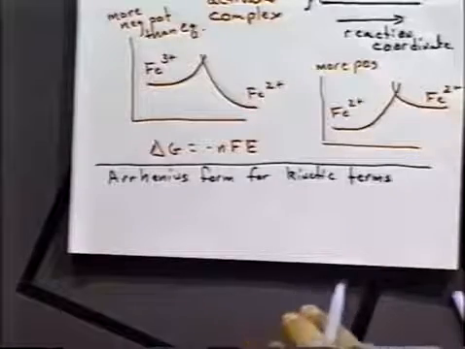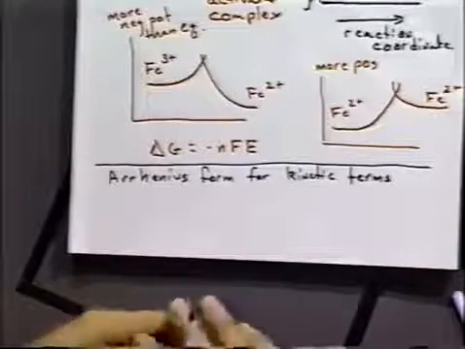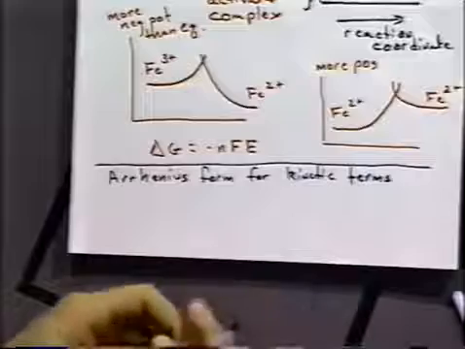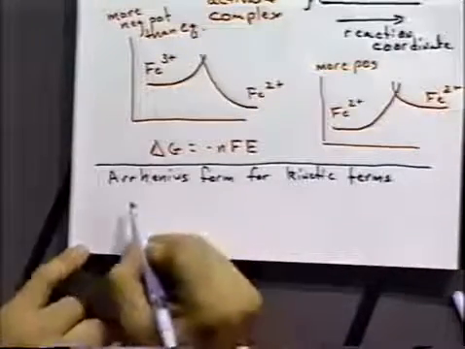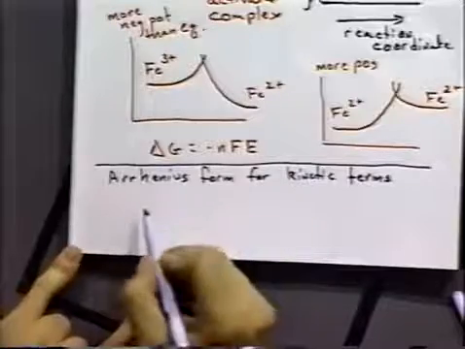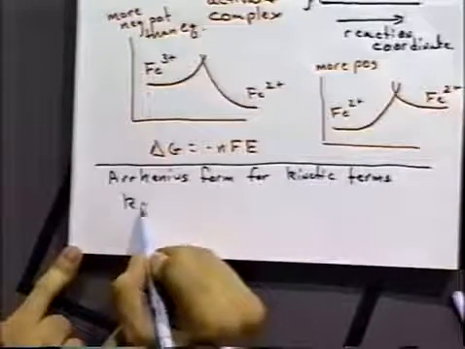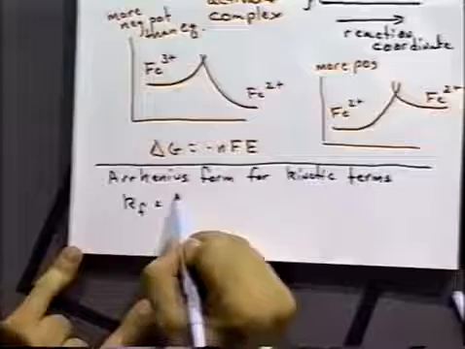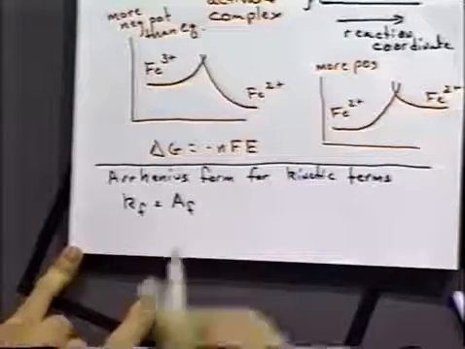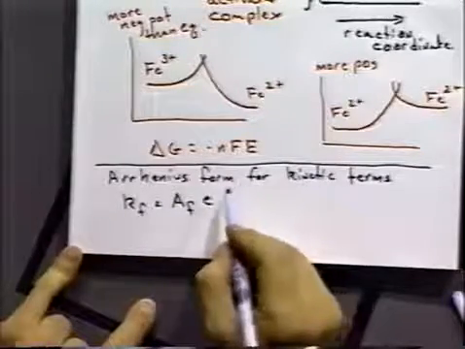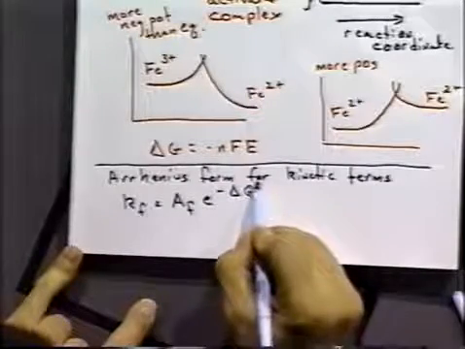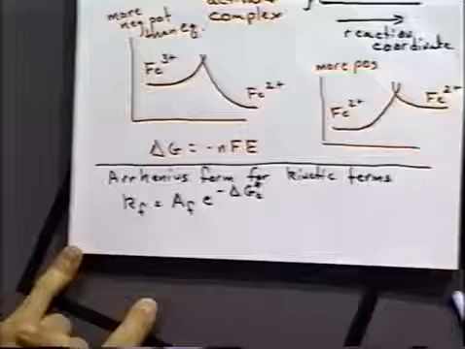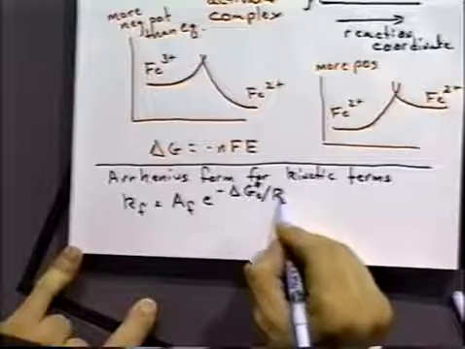You might remember talking about Arrhenius forms of kinetics in maybe freshman chemistry or certainly in P-Chem. An Arrhenius form has a temperature dependence in the process, and so Kf has to be equal to a term we'll call A sub F e to the minus delta G double dagger for the cathodic process over RT.